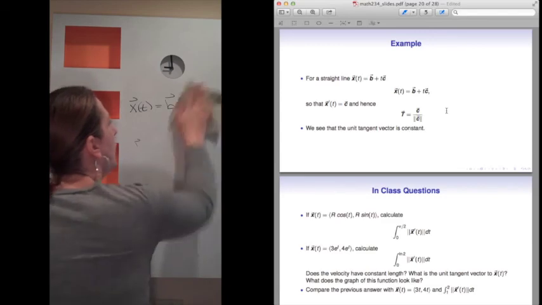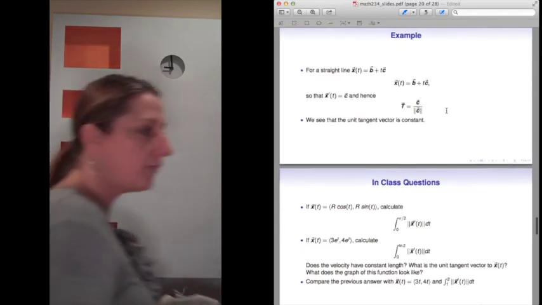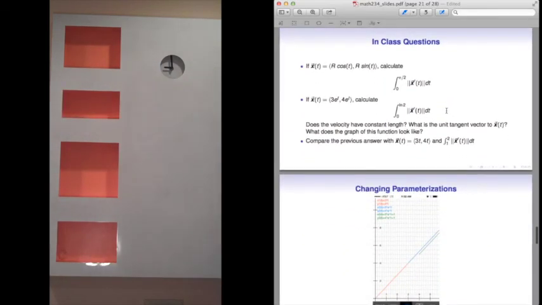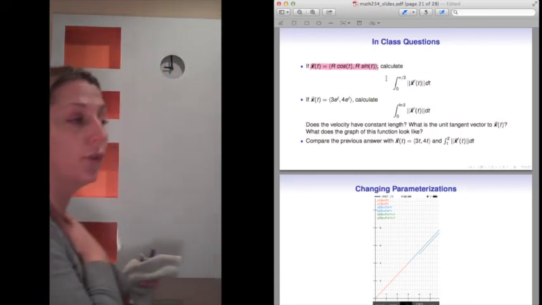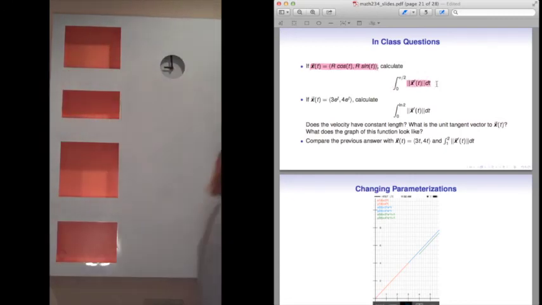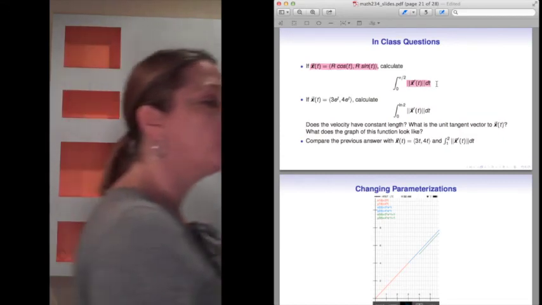First, I'd like you to do a couple problems yourself. So going over here to the in-class questions, I've given you a vector function. This is just your circle. And what I'm asking you to do is calculate the arc length of the circle from 0 to pi over 2.